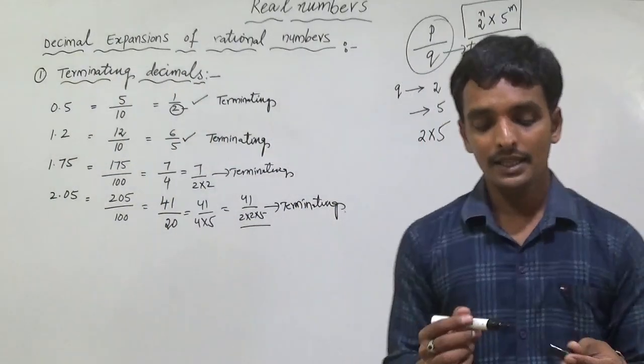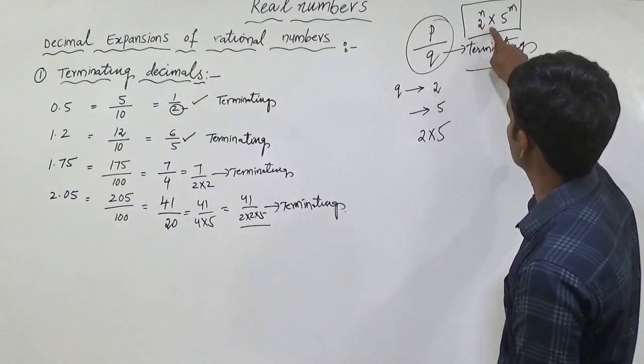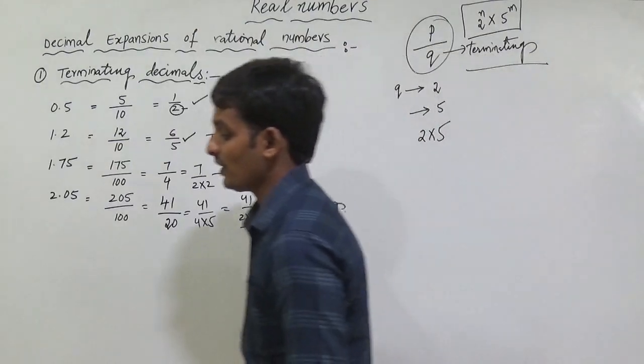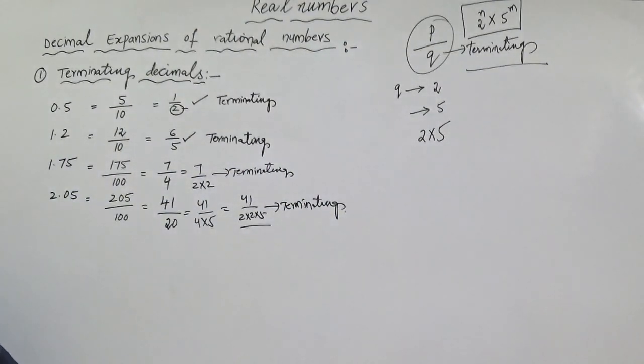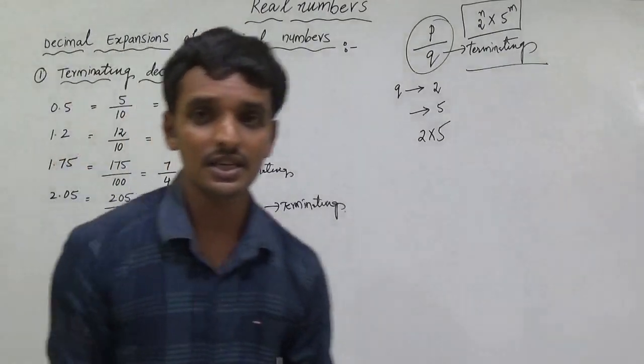Terminating decimal means the denominator q is in the form of 2 power n into 5 power m, or the combination of 2 power m into 5 power n. Now you can observe the definition and understand easily.